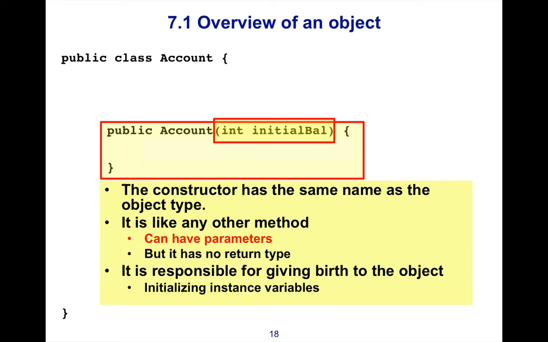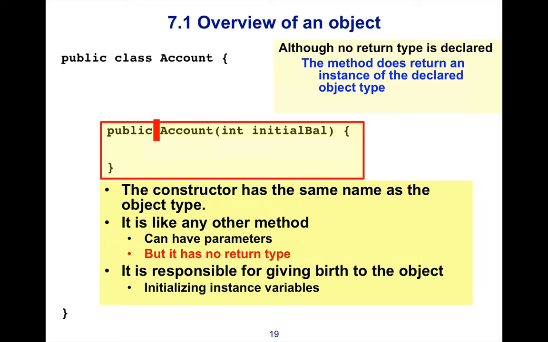It can have parameters. For example, this one takes in an initial balance, but it has no return type. I'll talk more about its purpose shortly, but for now, just be satisfied that there won't be a return type declared there. And it's responsible in some sense for giving birth to an object. So if you want to make an account object, the method that gives birth to it is called the constructor, and this is such a constructor here.